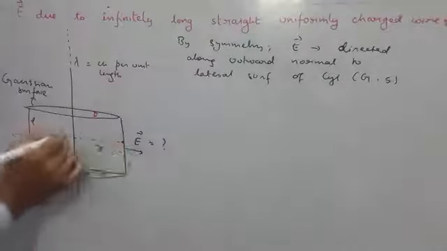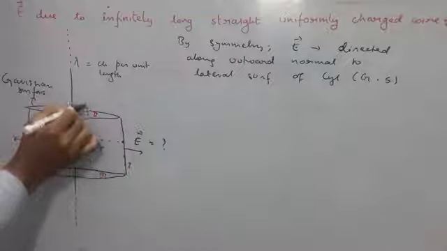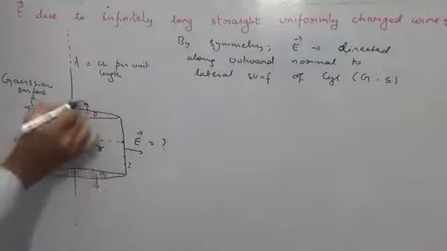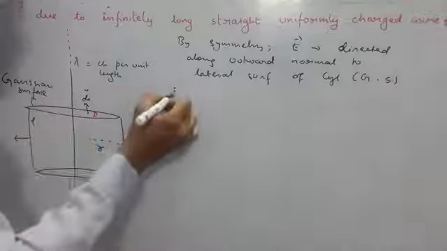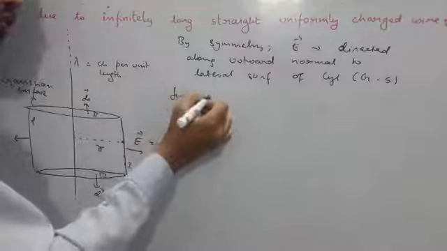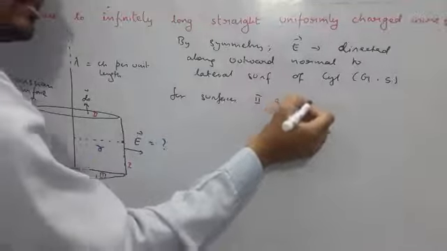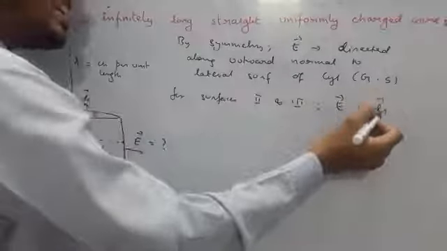Since this is the direction of the electric field, for the flat surfaces 2 and 3, the area vectors will be perpendicular to the electric field. This is dS vector, this is also dS vector. So for surfaces 2 and 3, the electric field vector is always perpendicular to the area element on them.